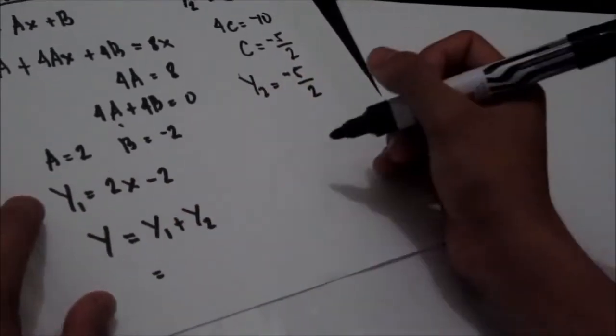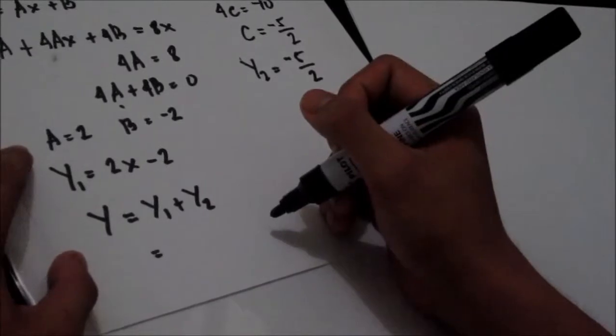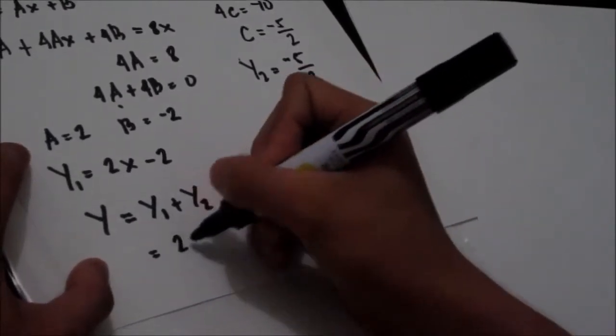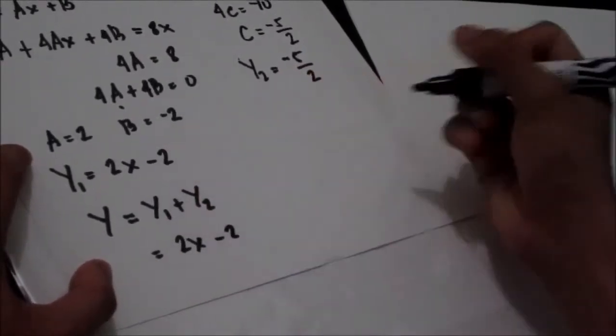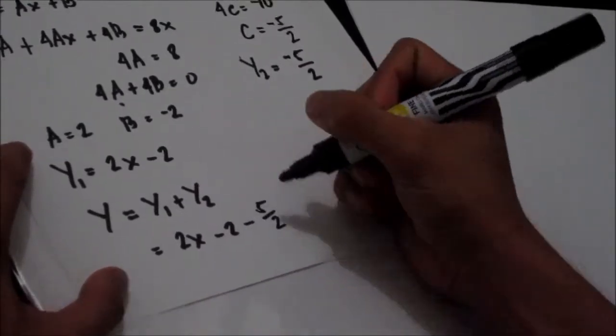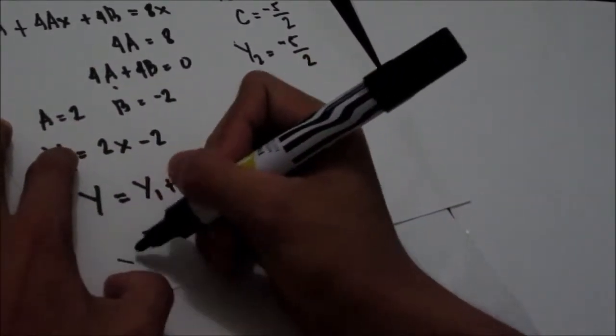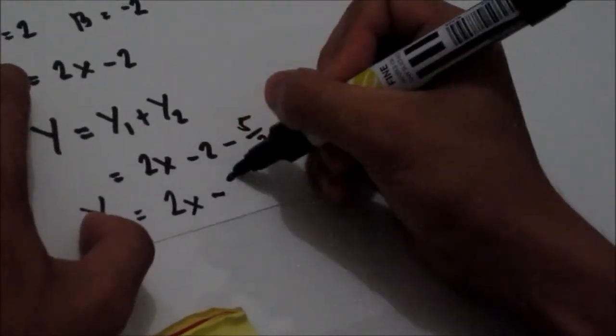So by substituting the values we got earlier, we have 2x - 2 - 5/2. By combining like terms, we now have the complete particular integral: 2x - 9/2.